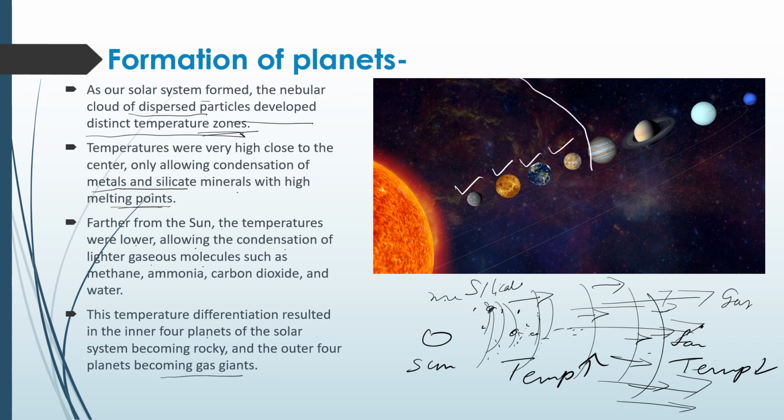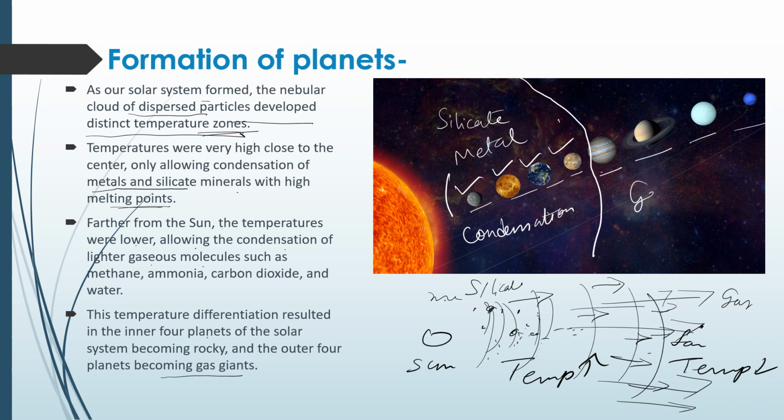Due to the temperature variation and the condensation of silicate and metals, these planets are more dense, and these others are the gaseous giants because maximum of the gases have escaped. Which are the gases that have escaped? They are methane, ammonia, carbon dioxide and water. These have escaped in this zone.